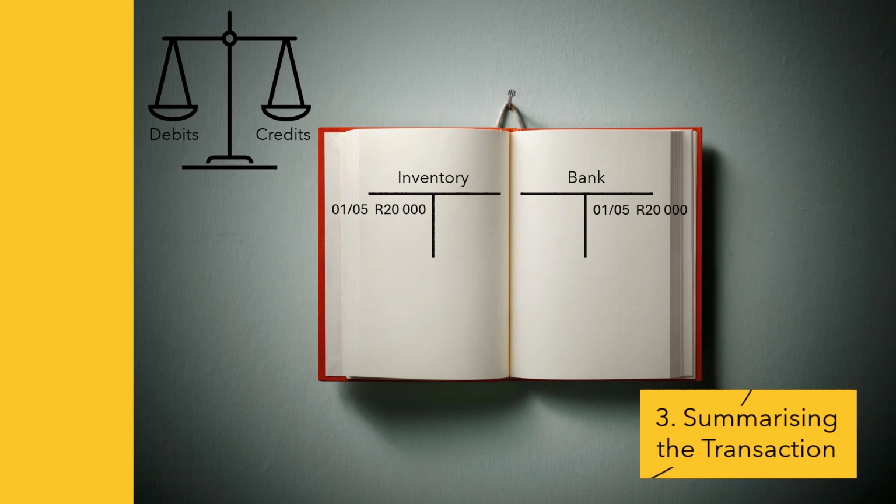So we can assume that you have been the owner of Bright Gym for quite a while, and your bank had 190,000 from the previous month. You bought the 20,000 rands worth of shirts, and now you have 170 left. But there's a correct way to close all accounts, and I'll show that to you at a later stage.